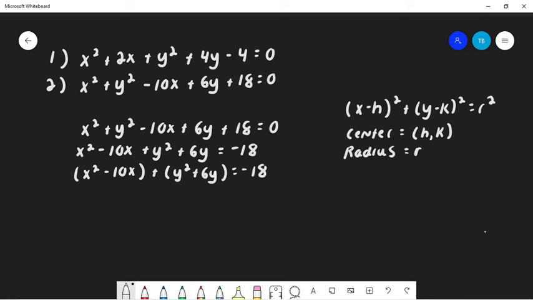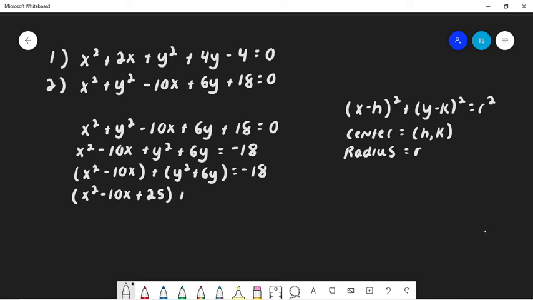So we'll do that with the x's first. So that's x² - 10x. And then to find the constant term, remember, take the coefficient of the linear term. In this case, that would be negative 10. Divide by 2 to get 5. Square it to get 25. So that's plus 25.